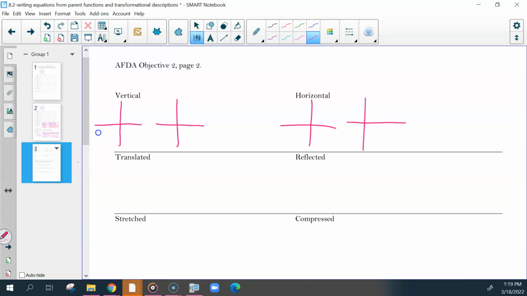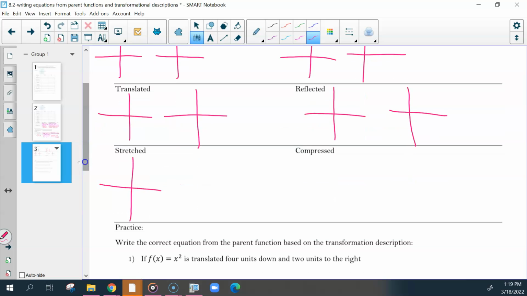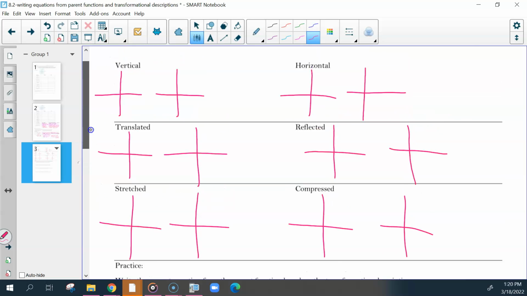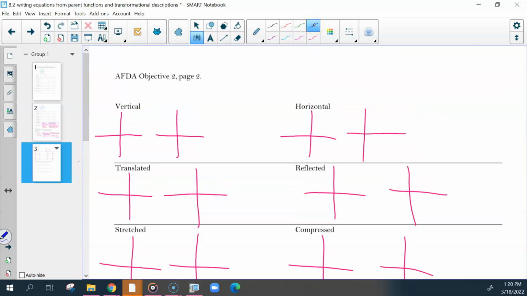I'm going to draw in all of my, actually, because translated is going to be shifts. That's okay. You'll see why there's so many things here in a second. So for anything vertical, this is affecting the y values.